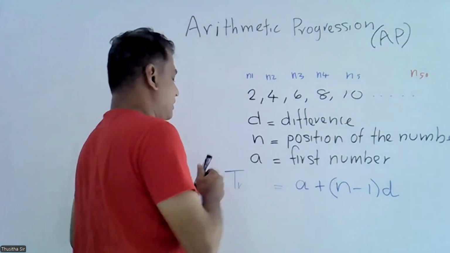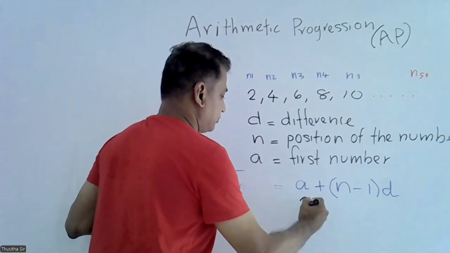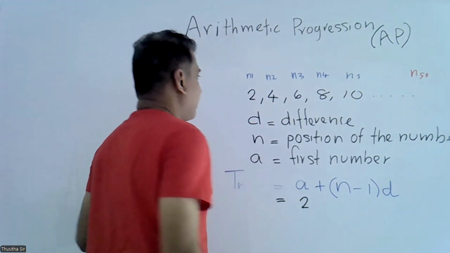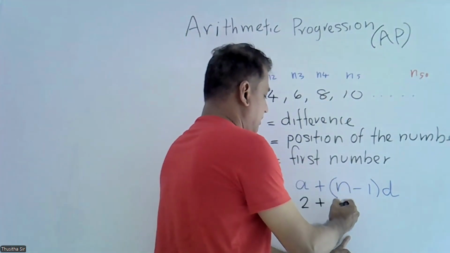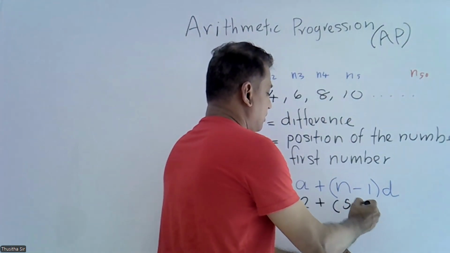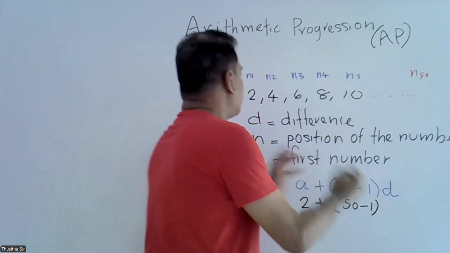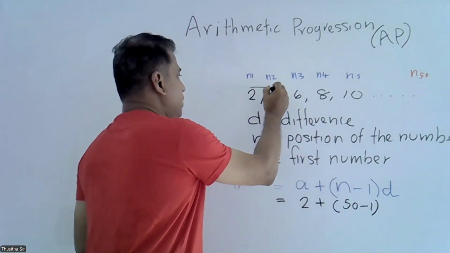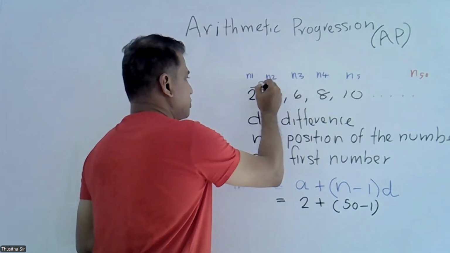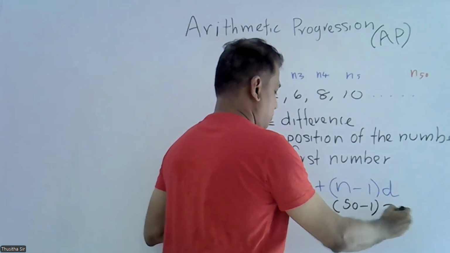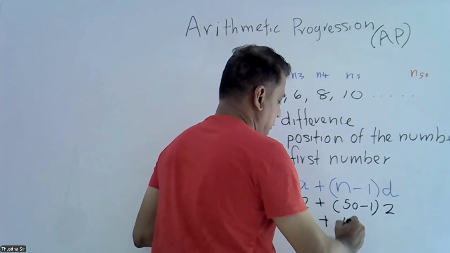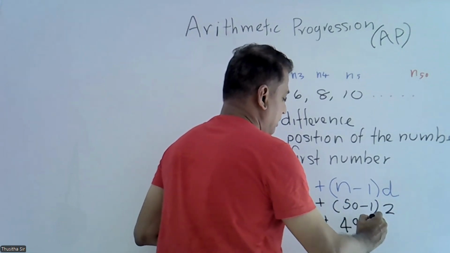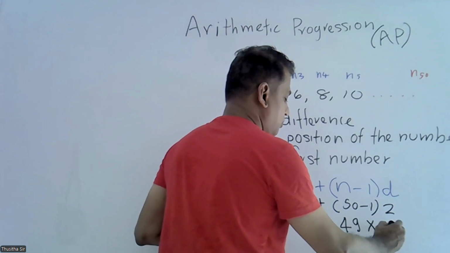The first number A is 2, and we want to calculate with 50 minus 1. The difference is always 2, like 2 and 4, 4 and 6. So 2 plus 49 multiplied by 2.